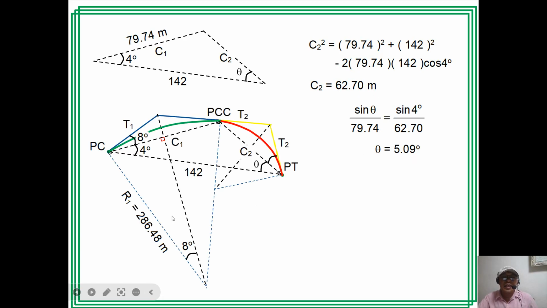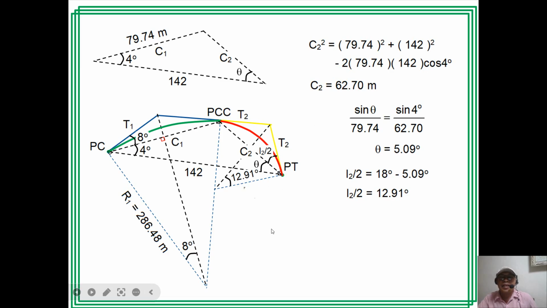Okay. Now, here, since our long chord also makes angle of 18 degrees with respect to the tangent, so the angle here, this is I2 over 2. So, I2 over 2 is 18 minus theta. So, this is 12.91. So, this angle is 12.91.